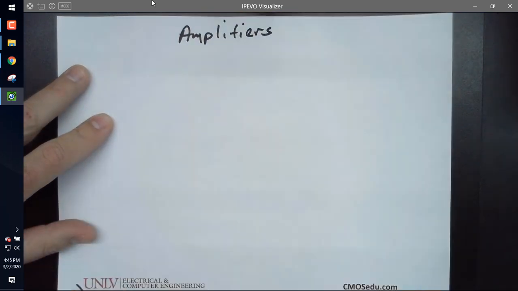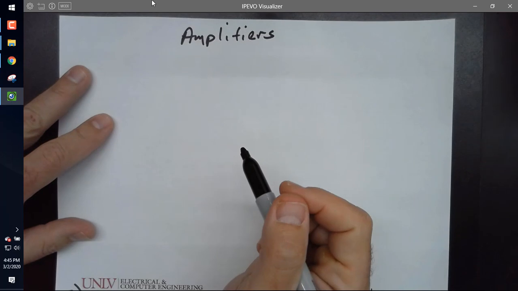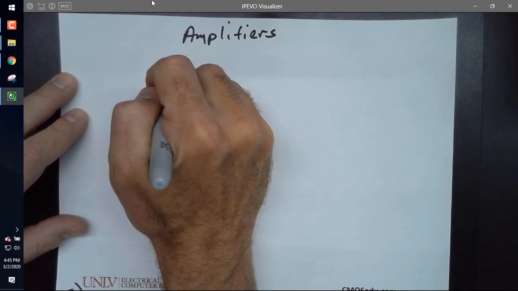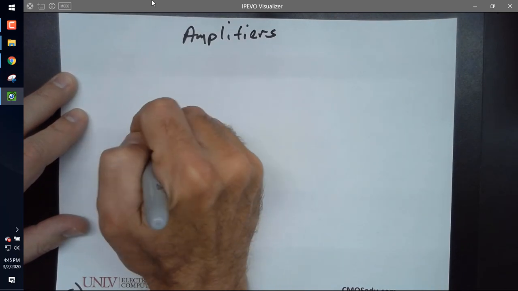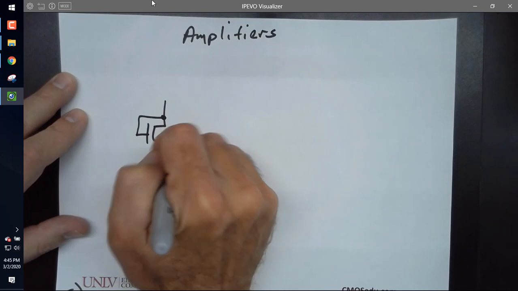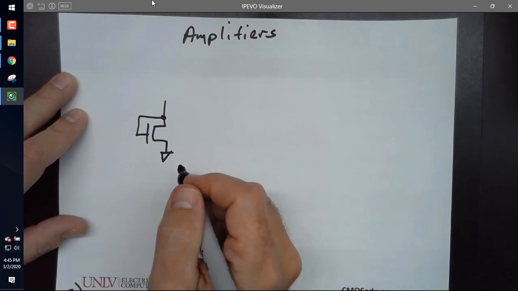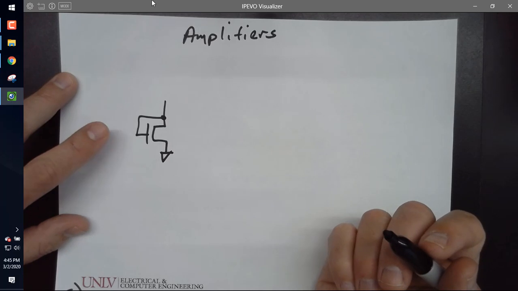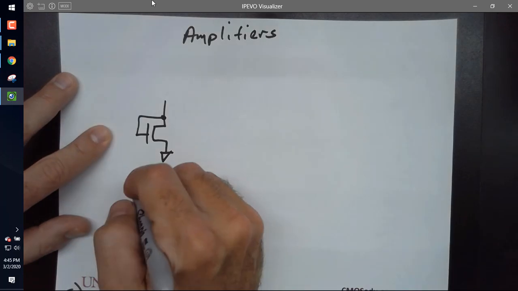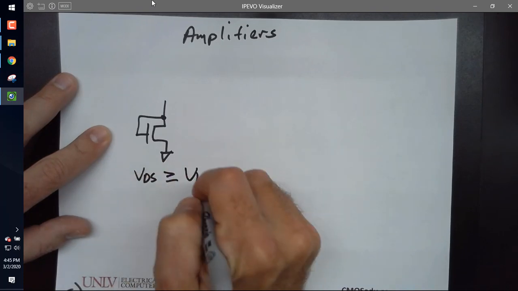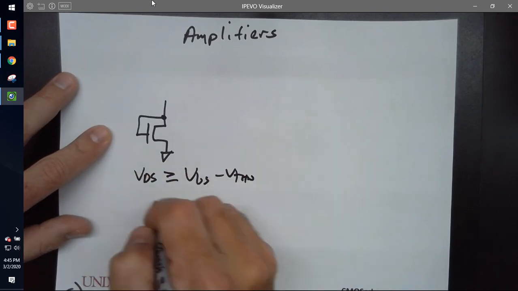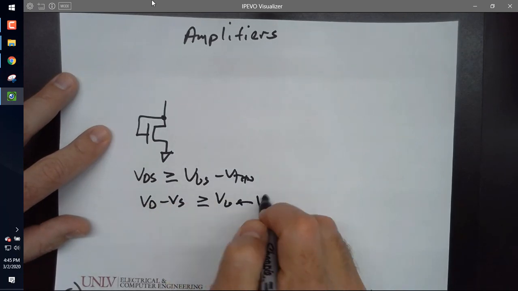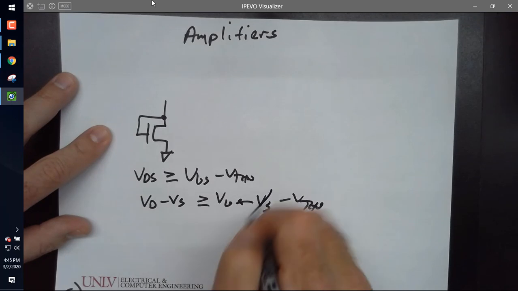Okay, I'm going to tell you a few things I want you to burn into your brains, okay? First one, if I have a transistor like this, and it's in saturation, you already have that if there's a current and it's biased, right? We already proved that. And everybody can prove that VDS is greater than or equal to VGS minus V threshold N. V drain minus V source is greater than V gate minus V source minus V threshold N. Sources cancel.